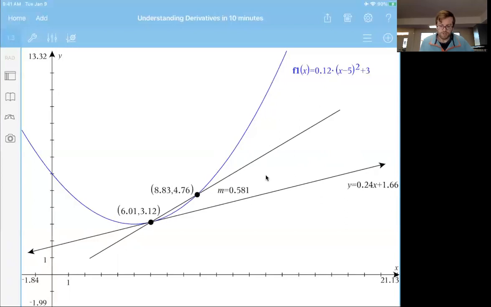So this is the point I'm interested in. Say I was interested in where x is 6.01 and y is 3.12, and I want to figure out what the slope is. By the way, I got the equation of this line here, so you can tell right away the slope is 0.24. But remember, we don't have a calculator for it.